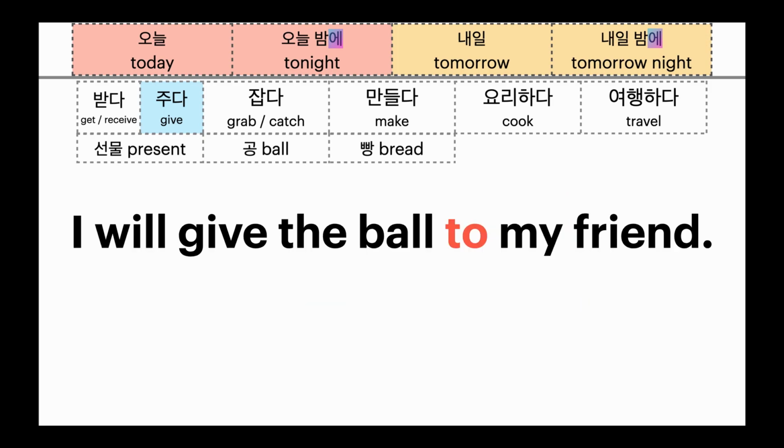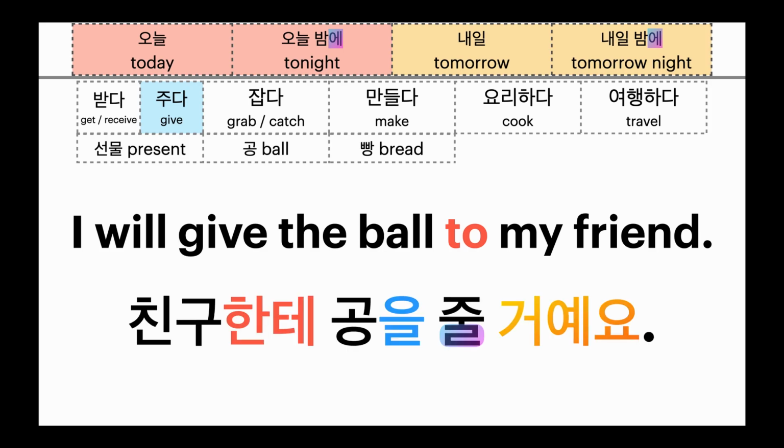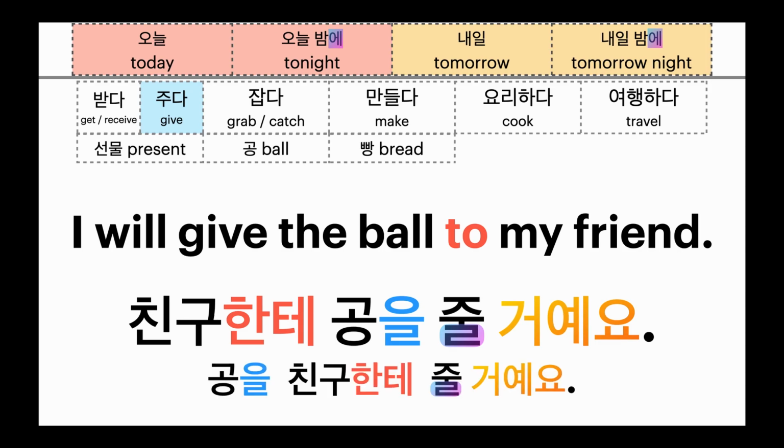Alright, let's try, I will give the ball to my friend. 친구한테 공을 줄 거예요. Or 공을 친구한테 줄 거예요.